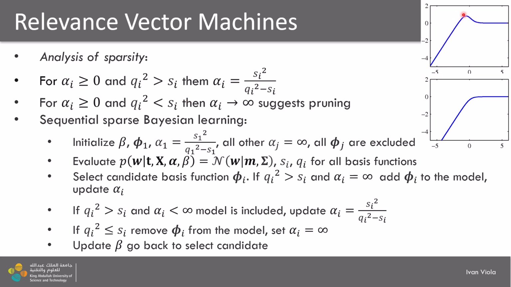It will have one unique maximum for a finite alpha. And on the horizontal axis, we will have a logarithm of alpha, by the way.